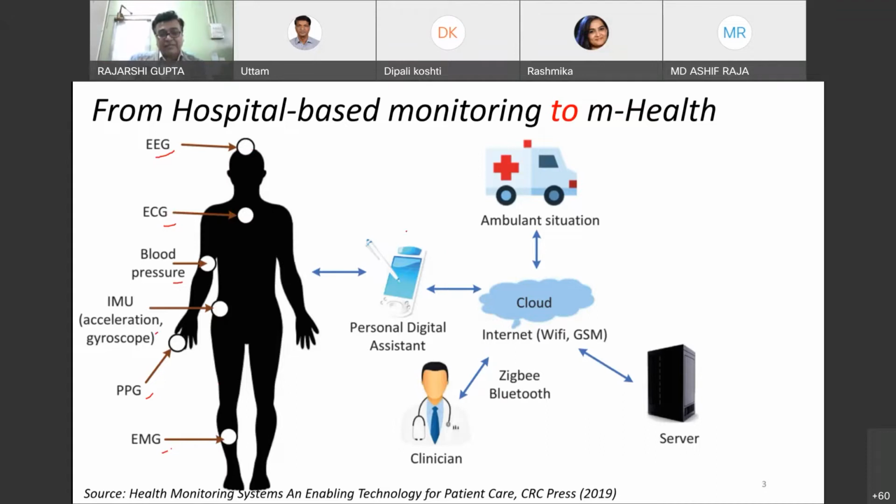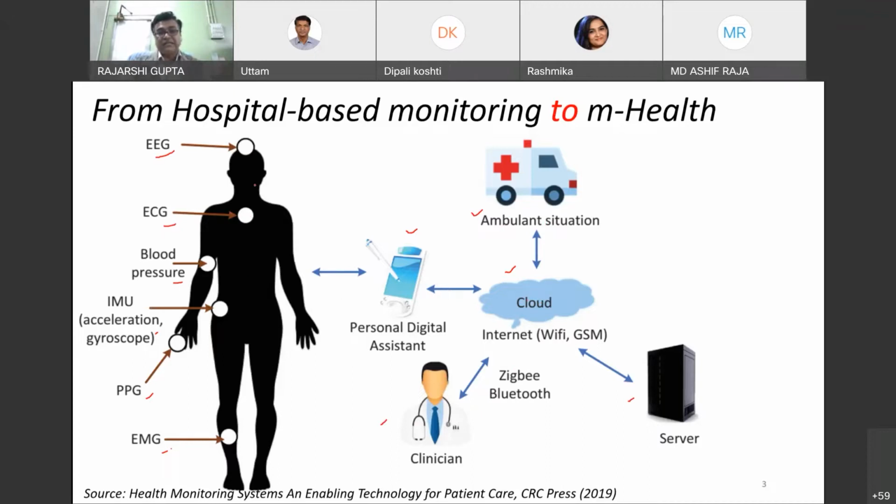In most cases, the mobile phone or the PDA or the tab of the subject under investigation collects it, and then in many cases it is delivered to a cloud-based service, and this cloud-based service is transparent to a server or a clinician, or if there is any ambulant situation, from the ambulance also, these physiological parameters can be delivered to the cloud.